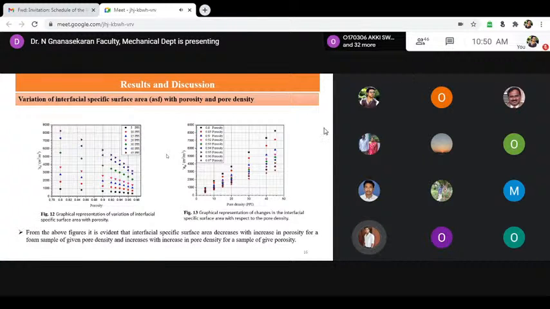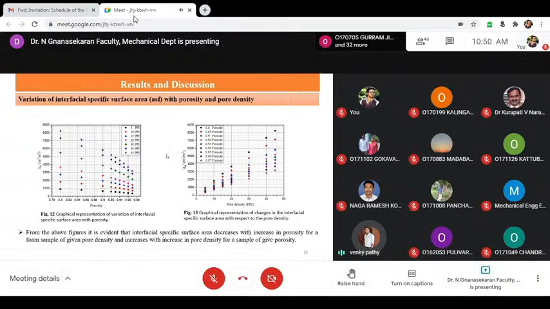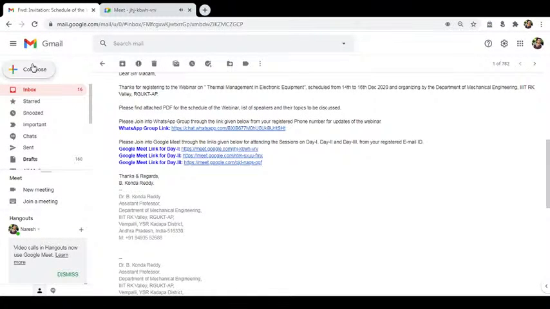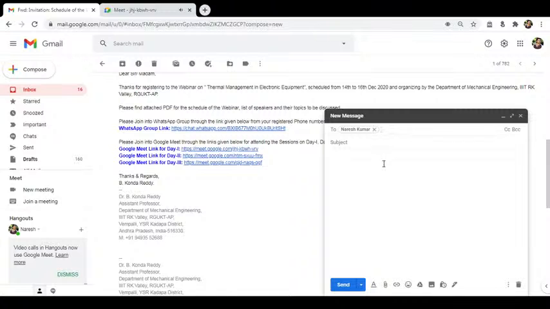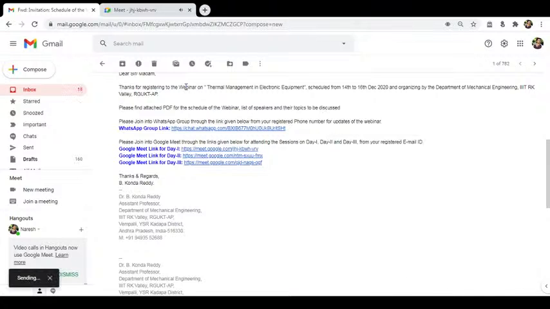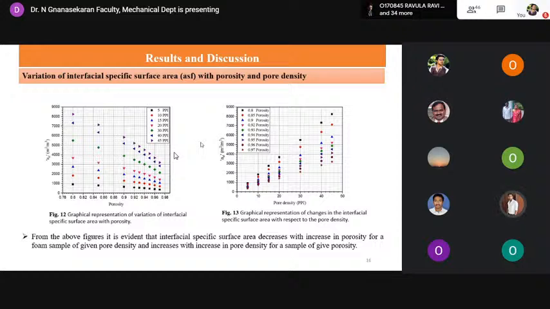Then moving on, when the specific surface area is analyzed with respect to the pore density, PPI, by changing the porosity, you could see an increasing trend. In the previous case we were seeing a decreasing trend; in this case we are seeing a different, increasing trend.